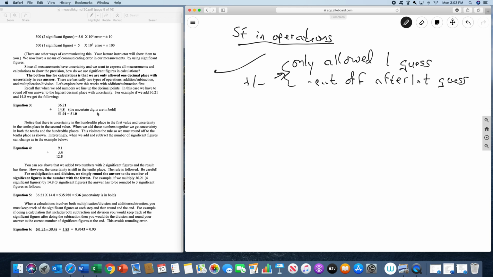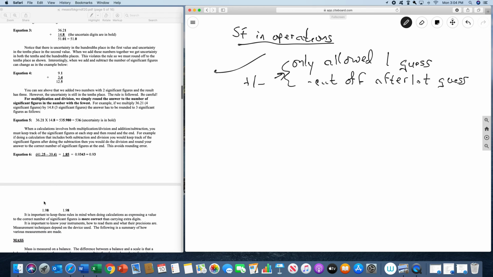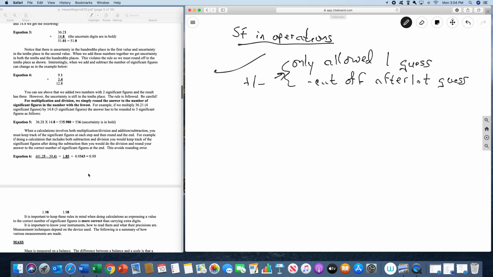All right. You can also see the sig figs can change. Down here, I'm going to add, both these numbers have 2 significant figures. See that? 9.1, 3.4. When I add them, my guess is in the 10th place. When I add them, it's a 5, still in the 10th place. So then I have 12.5, but you see I picked up a sig fig. Okay, this page got cut off. The 1.98 should be here.